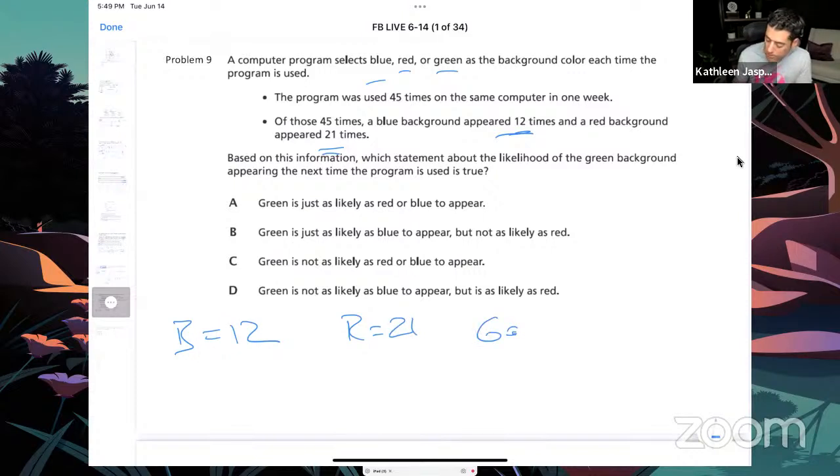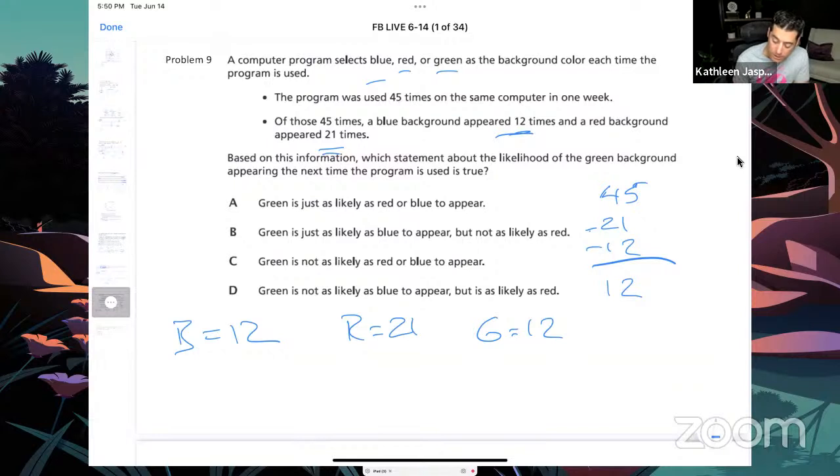Well, if they gave us what red and blue were, and they gave us the total, then that means I can take this 45 and subtract 21 and then subtract 12, and I end up getting 12. So there are 12 green backgrounds that appeared during the 45 times this program was used.